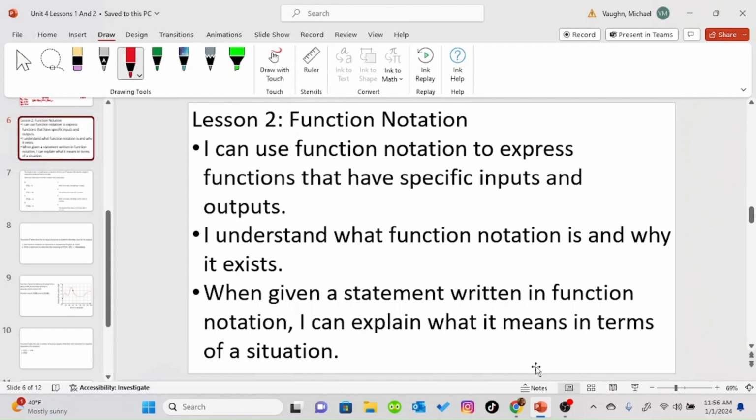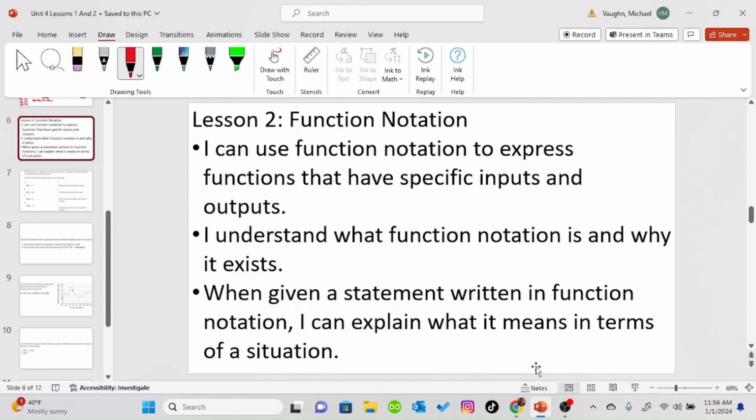Number 2, I understand what function notation is and why it exists. So we'll show what function notation is, and we'll talk about why this might be more beneficial than simply saying y equals. And number 3, when given a statement written in function notation, I can explain what it means in terms of a situation.